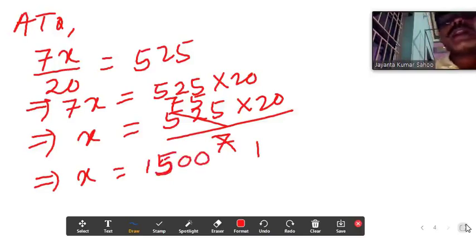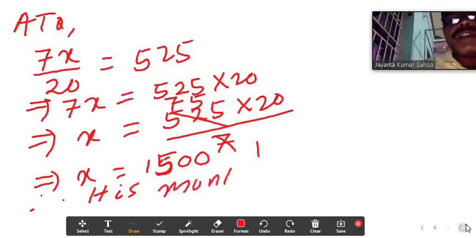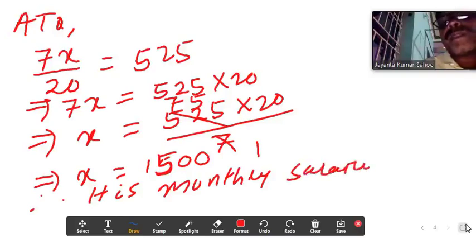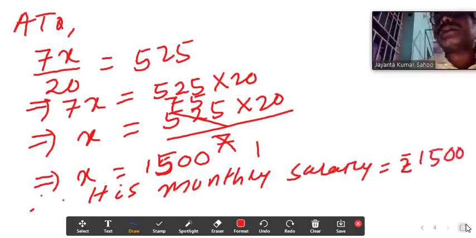X we had taken as the monthly salary, therefore we can write that here his monthly salary equal to rupees 1500.